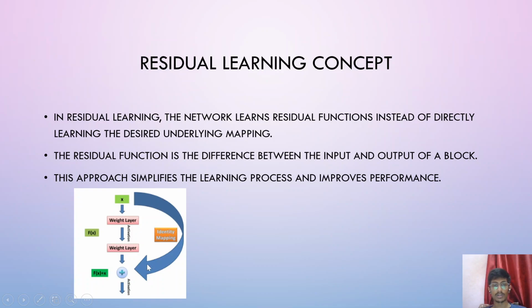The identity mapping is what we set up as required in the output, and the residual function is the difference between the input and the output of a block. Like I told you, if you got an output and you want an output, what you want is called the desired output and what you got is the actual output. Based on this difference, the function is called the residual function.